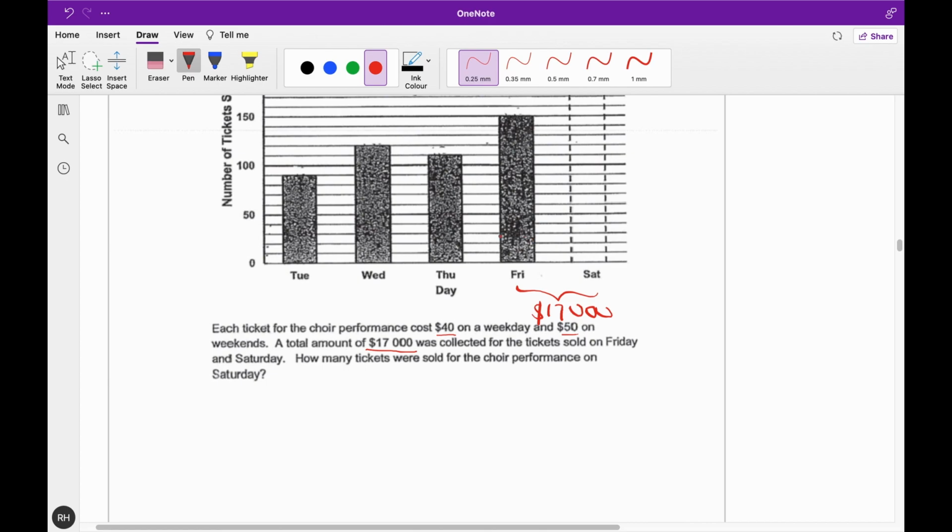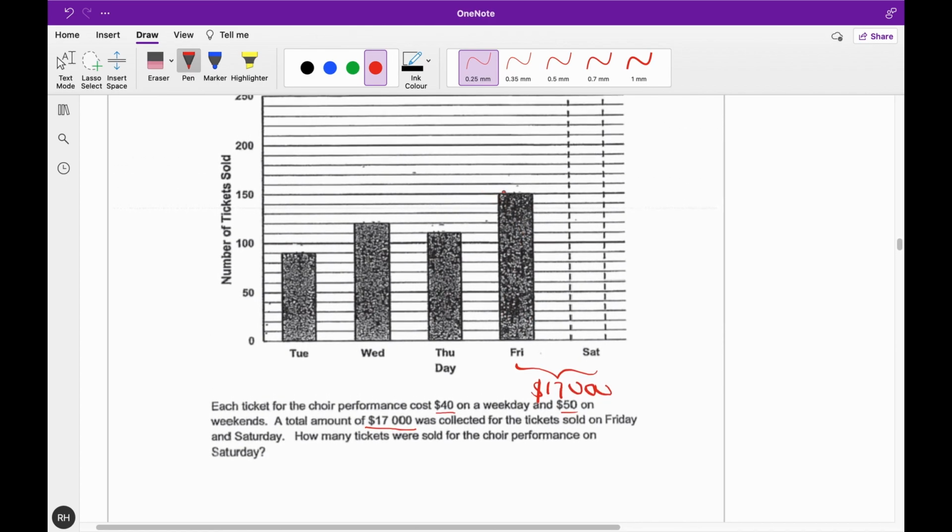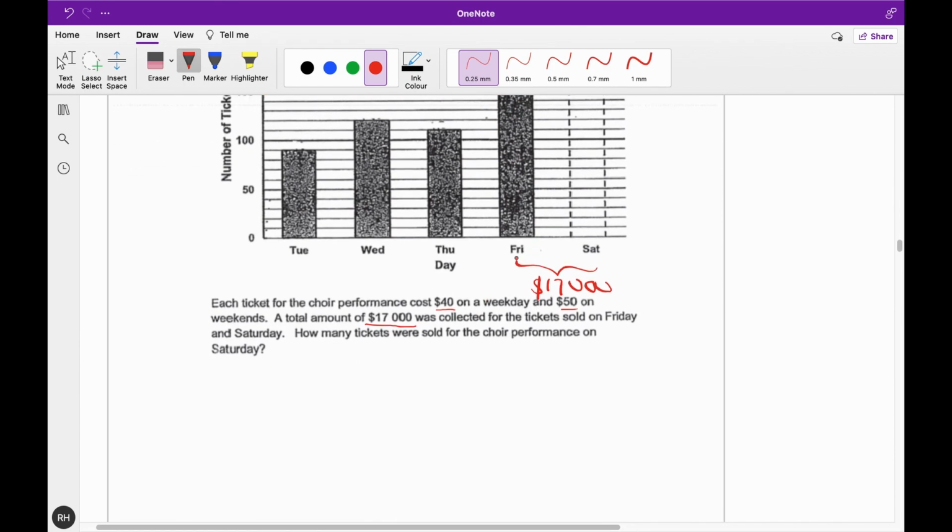Okay, so let's see for Friday. Okay, so Friday over here is equals to 150 tickets sold. So for Friday, the cost of one performance ticket is $40. So if you have 150 tickets sold, okay, we times 40. 15 times 4 will give us 60. Okay, so add 000 at the back.